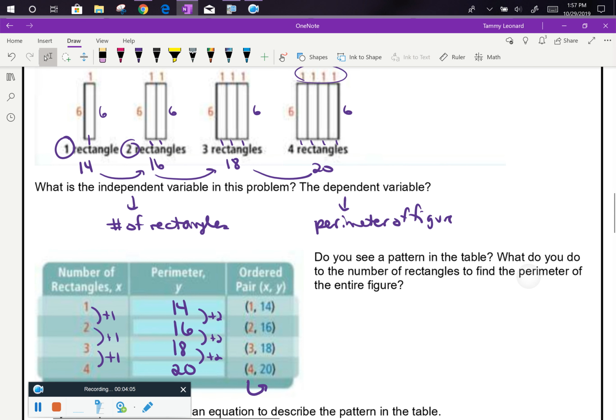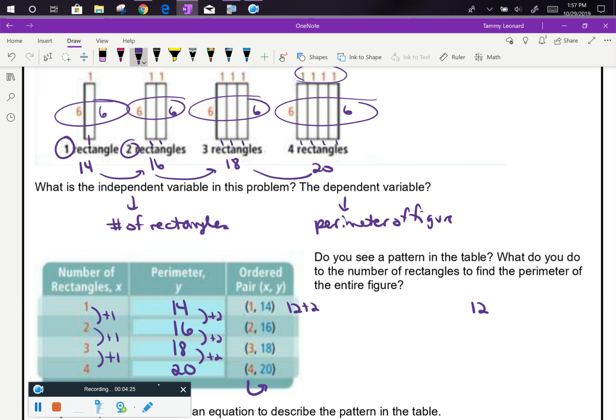So let's go back to the original figure and think about what stays the same and what changes every time. Notice we always have those tall sides of 6 on either side. So we're always kind of starting with a base value of 12. So if I think of having a base value of 12 with just one rectangle, notice 12 plus 2 gives me 14.